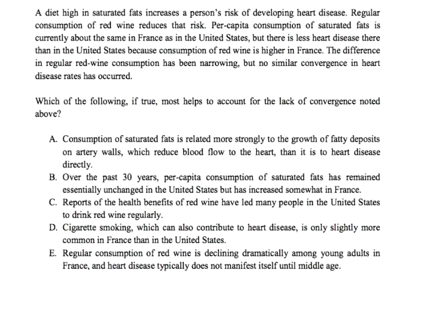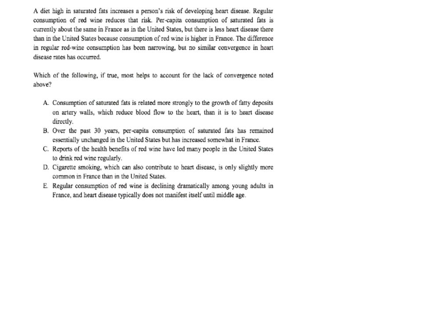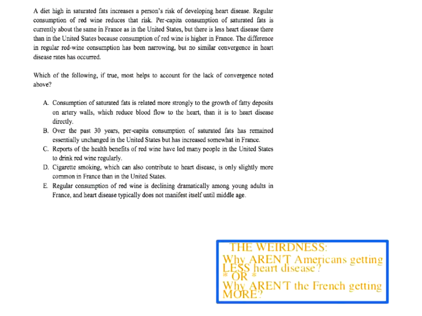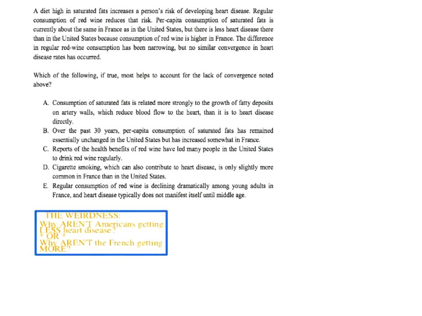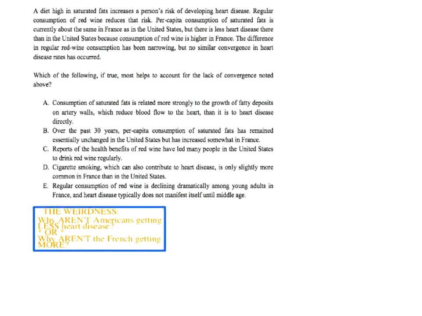And let me put that on the board. Let me also reduce the size of this thing so we can actually write up here. So what we're doing is this. This is what we're trying to explain. That's the weirdness.